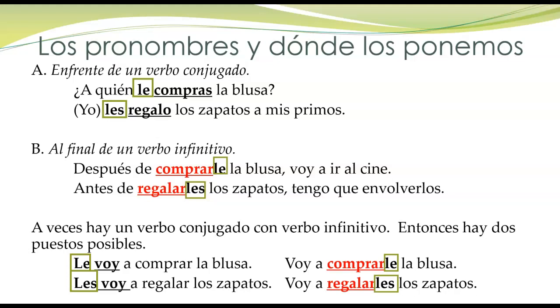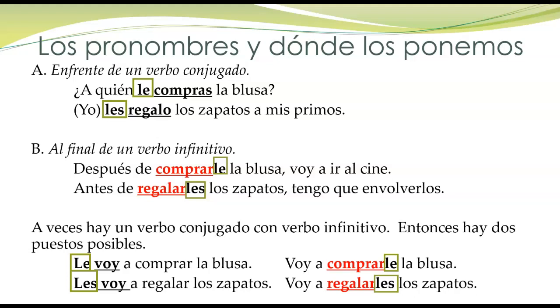Our second place that we can put them, B, al final de un verbo infinitivo, que forma parte del verbo infinitivo. So it can attach itself to an infinitive. So después de comprarle la blusa, voy a ir al cine. Antes de regalarles los zapatos, tengo que envolverlos.